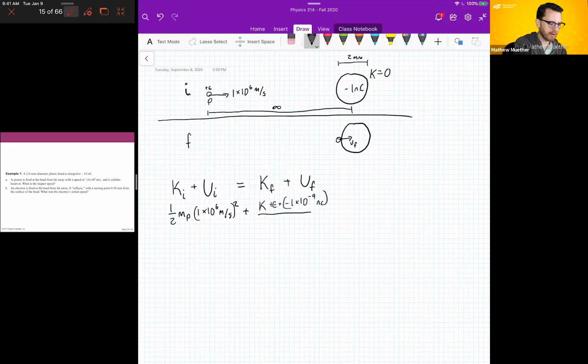And all of that over R, which is the separation between them. But now in this initial state, R is just infinite. Okay, some huge value. It says take R to be gigantic. So this guy is just going to go to 0.